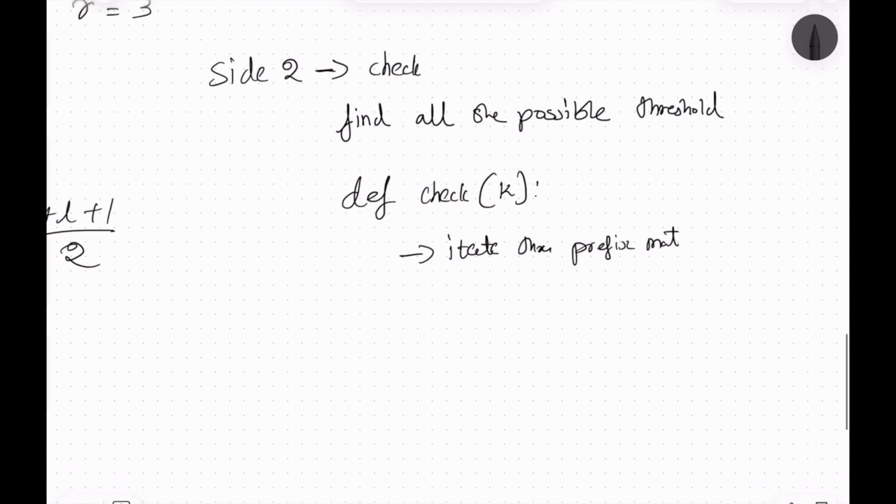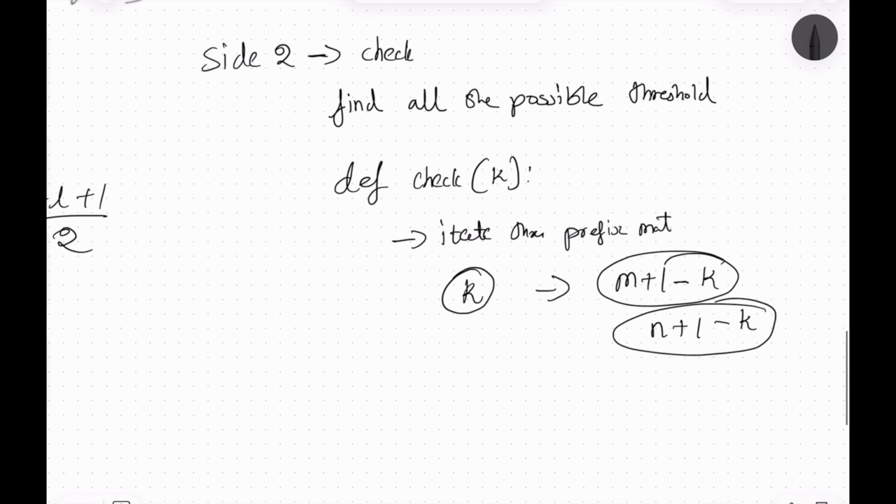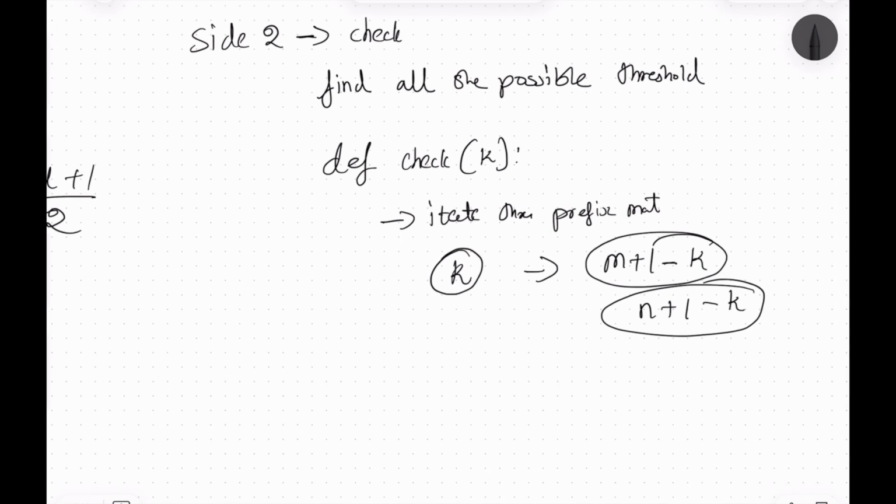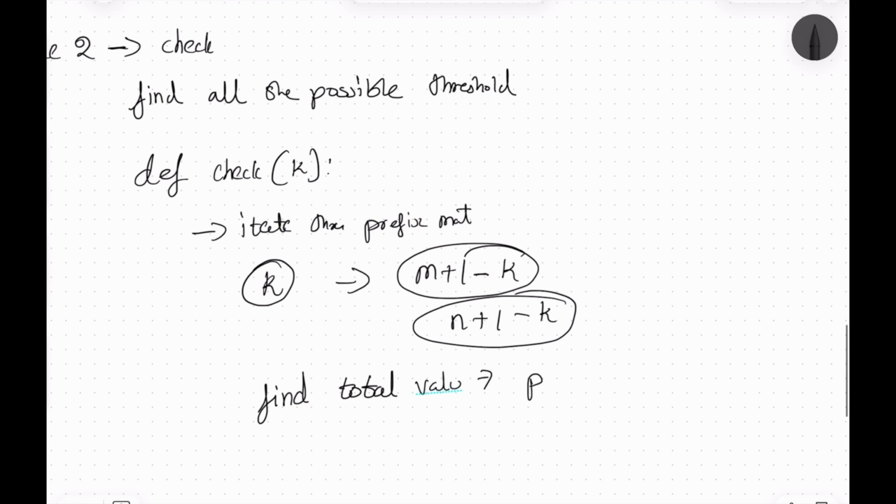So in that case we have k value here, so we subtract that from, because we iterate m plus 1 and n plus 1, so we subtract k from there, and this will be the range we start from and iterate through the prefix matrix and find the total value, which will be prefix of I plus k and j plus k, right?